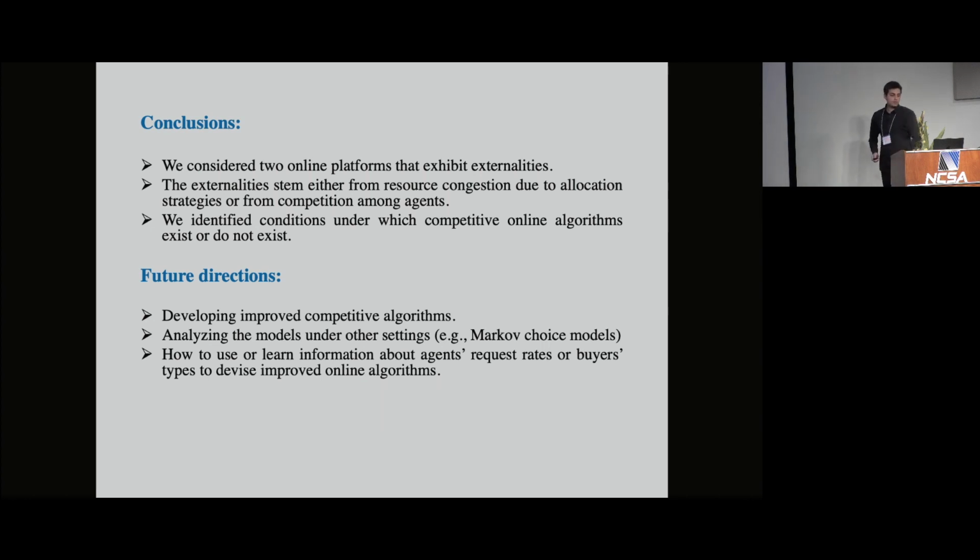And in the online resource allocation problem, one interesting question is that as more agents come to the system, by interacting with them you can perhaps learn their demand rates or request rates, and then use that information to design a better online algorithm. So with that, I would like to conclude my talk, and thanks very much for your attention.